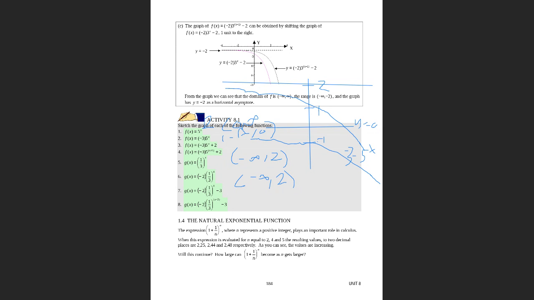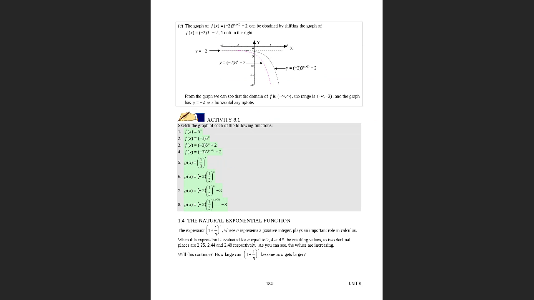Okay, good. So when we come here too, we have to know that this time our graph is a decreasing function. Why is it a decreasing function? It's a decreasing function because the base is between 0 and 1.